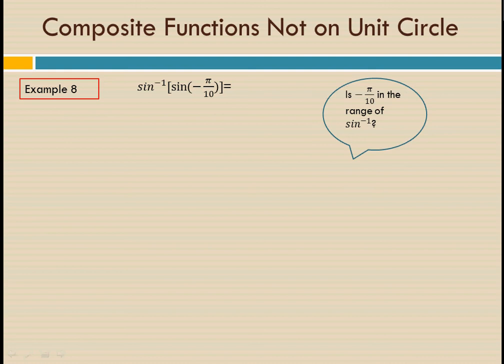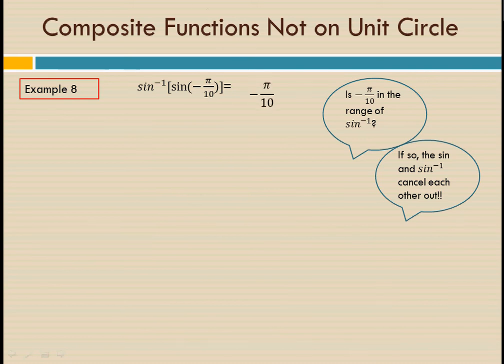Is negative pi over 10 between negative pi over 2 and pi over 2? And the answer is yes. So this one I don't have to do any work on. If I can recognize that negative pi over 10 is between negative pi over 2 and pi over 2, these guys cancel each other out, and the answer is negative pi over 10.